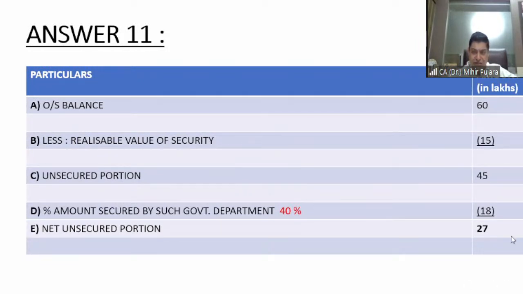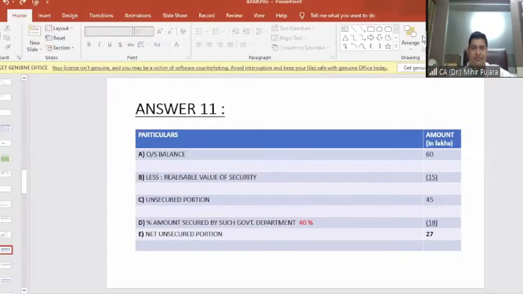So guys, on this 27 separately and on this 15 separately. So tell me guys, how much amount of provision now, please? I got the answer fast. Very nice, very nice.